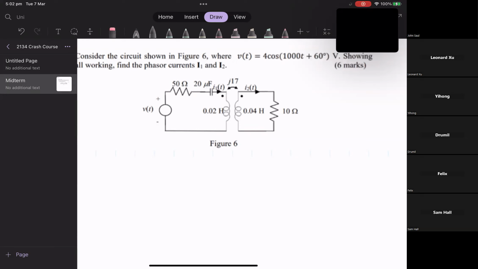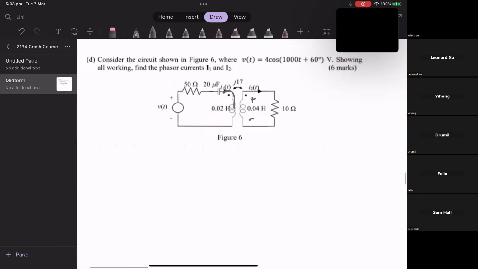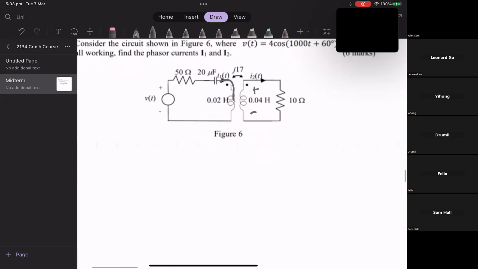So for I1 going into the dotted side, positive will be there and negative down there. If it's the other way around, I like to use negative I1, with still positive here and negative here, but in terms of negative I1. I like to always find the current going into the dot and make that positive or negative depending on what they've specified.